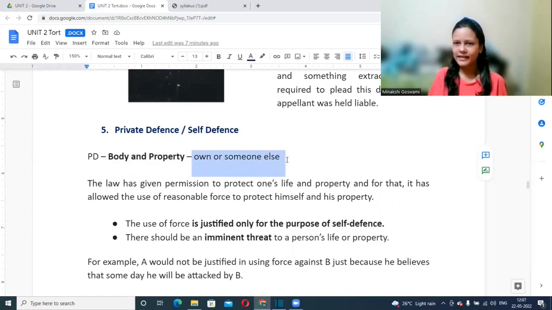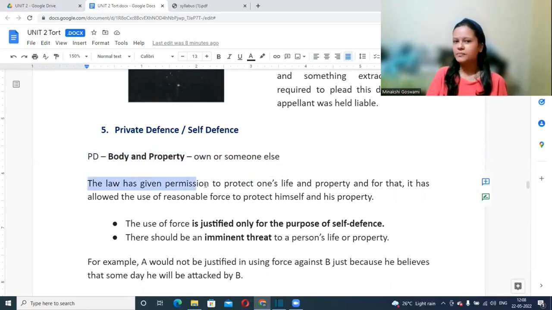When we say somebody else, it does not mean that the other person has to be our relative or friend. It can be even a random stranger whom I am meeting for the first time. There also, I can use self-defense to save that person's life or property. Even though we do not know each other, I can still do that. So private defense is applicable for protection of body and property of our own self plus someone else's.